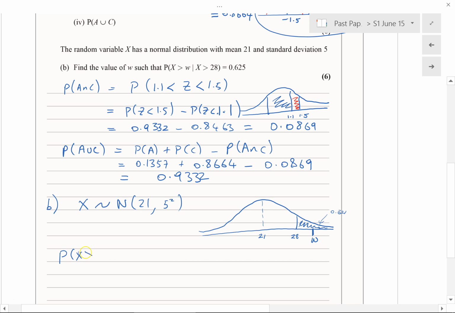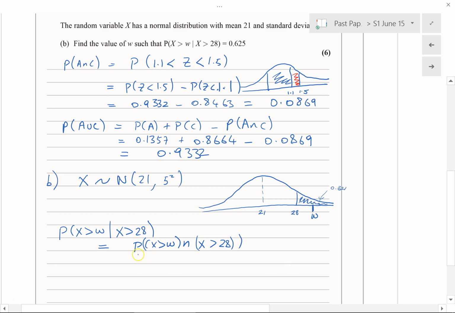We have the probability that x is greater than W, conditional on x being greater than 28, is equal to the probability of them both being true, divided by the probability that x is greater than 28.